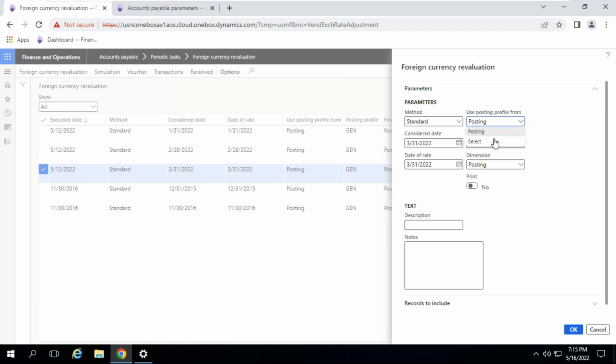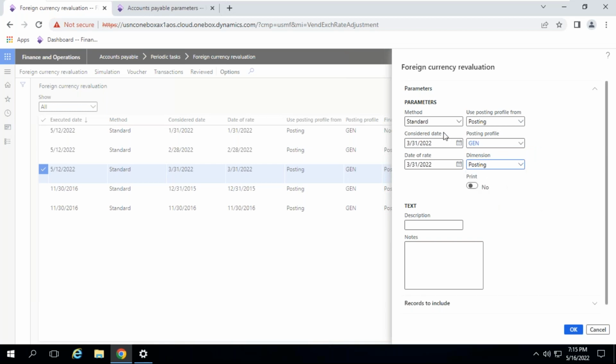Otherwise, if you want to change, you can select whatever you want. Anyhow, it is defaulted. You are not going to disturb it, it is only a one-time job. But in a real-time scenario, every time business users need to concentrate on the posting option. This is a best practice.